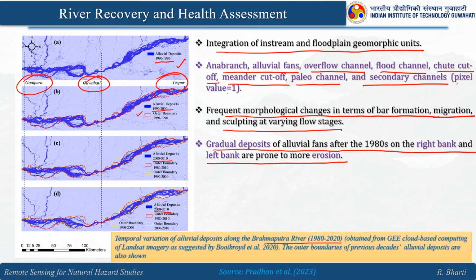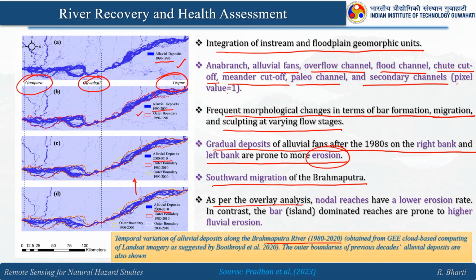So, here you can see which are the areas that are increasing in width. That will be because of more erosion. The southward migration of the Brahmaputra is evident from this analysis. You can see how it is moving towards the south. As per the overlay analysis, nodal reaches have a lower erosion rate. Basically, we are talking about Goalpara, Guwahati and Tezpur.